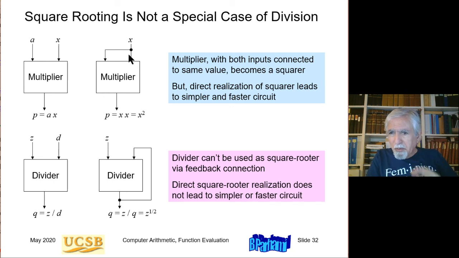Many special purpose hardware units actually develop a squaring circuit because squaring can be faster, less complex in terms of hardware, and more energy efficient. However, square rooting is not easier, less complex, or more energy efficient than division, because square rooting is not a special case of division. In fact, the square rooting algorithm is slightly more complex than division.